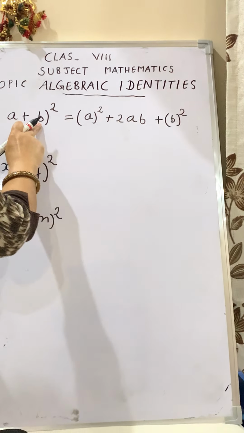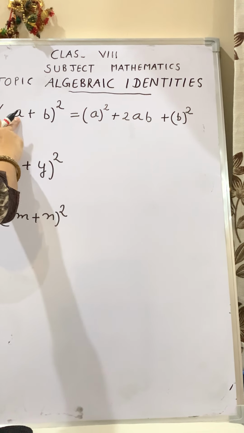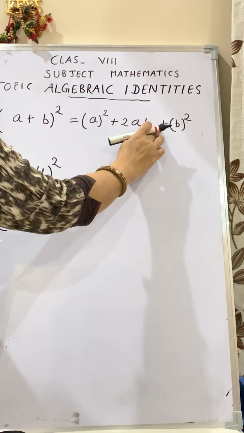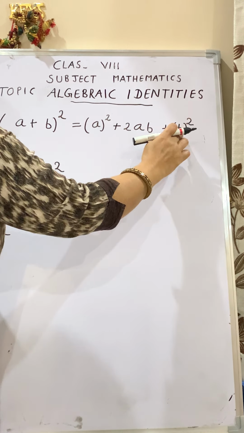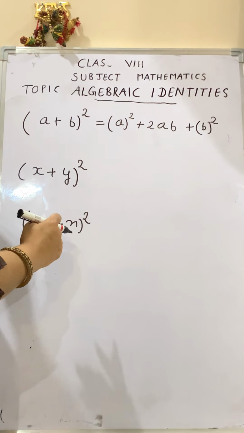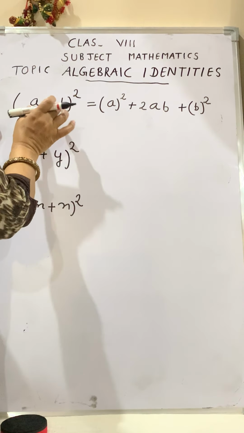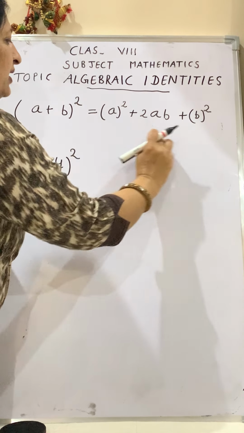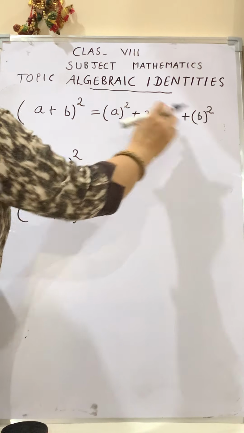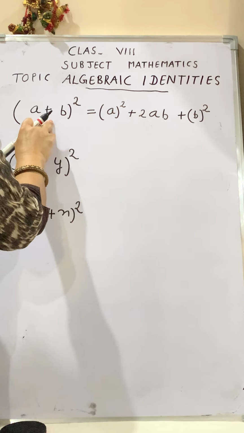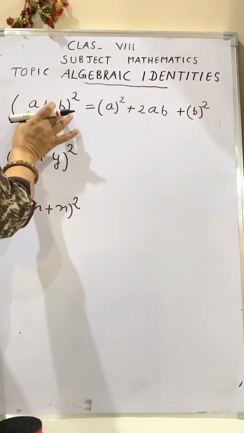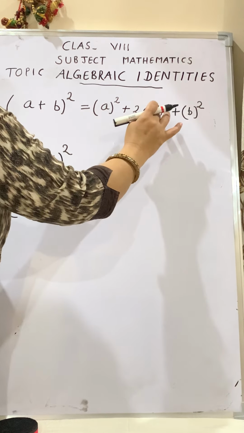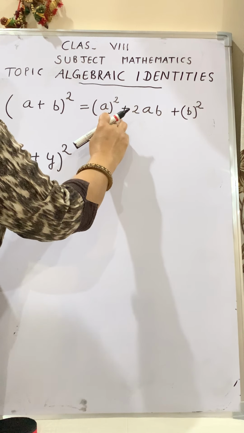What is the second number? Here it is b. It means first whole square plus twice of these numbers plus whole square of second number. It means when we find out the whole square of addition of two numbers, the result is a trinomial. Whole square of sum, a binomial expression, is equal to sum of these three terms.